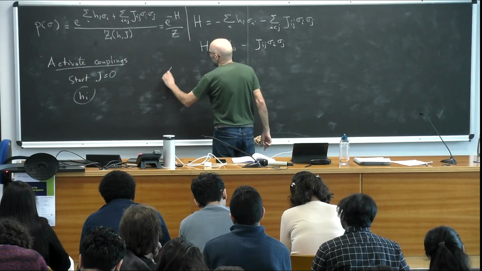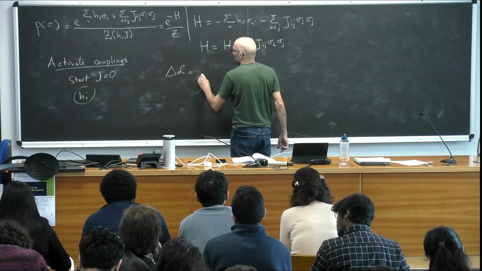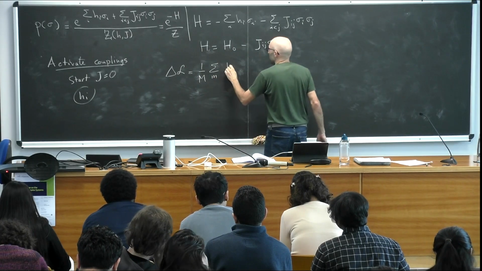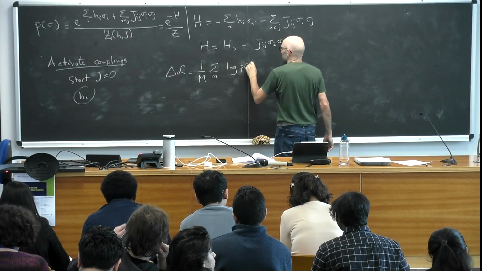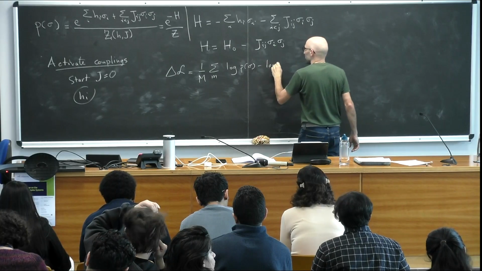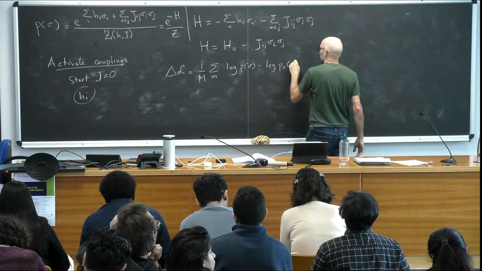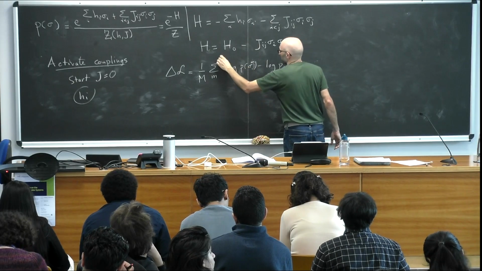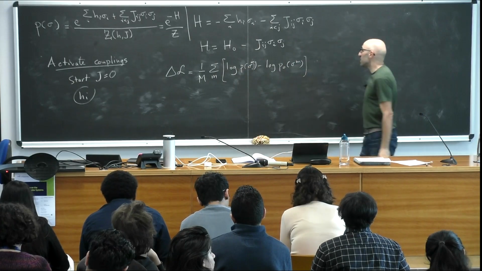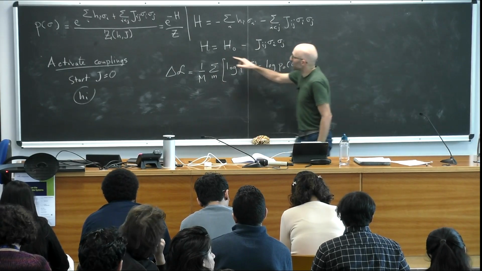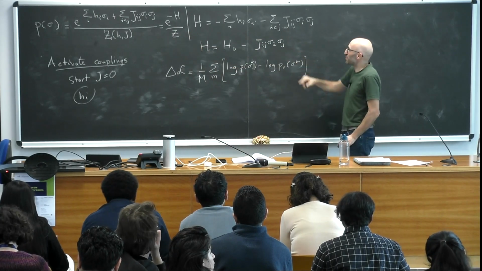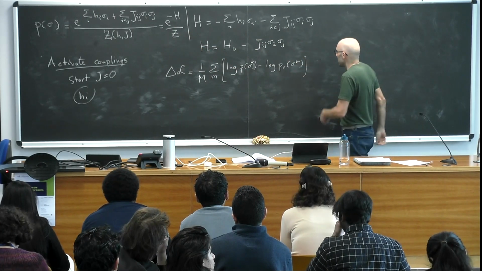So the variation of the likelihood is 1 over M, sum over m of the logarithm of P minus the logarithm of P0, right? Where P is the exponential of minus H over Z, and P0 is the exponential of minus H0 over Z0. So what is this?